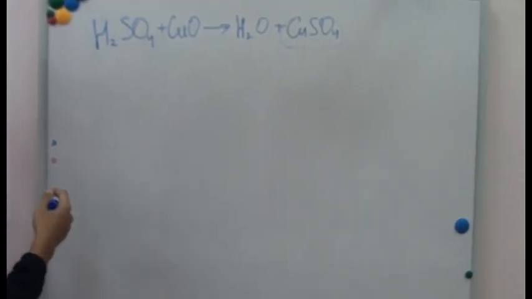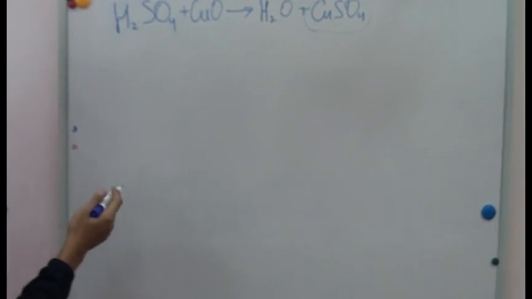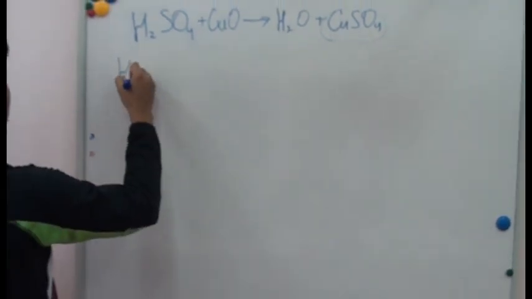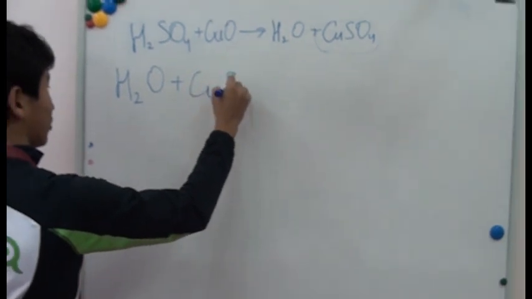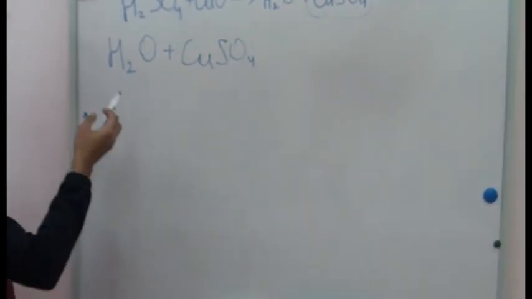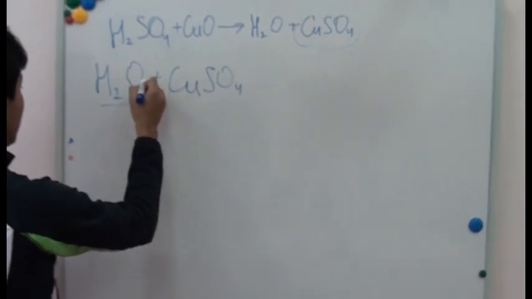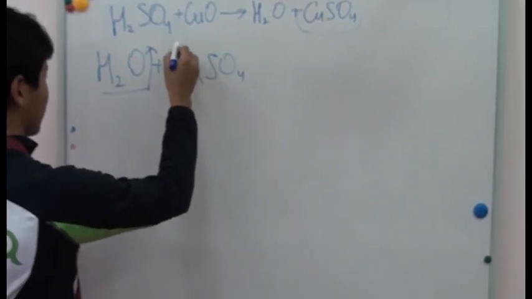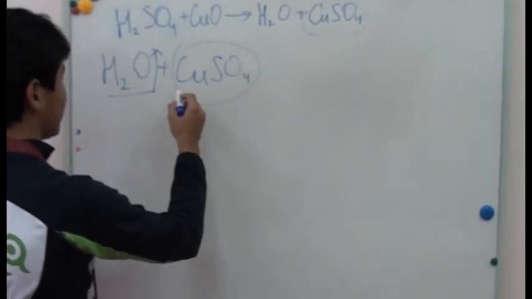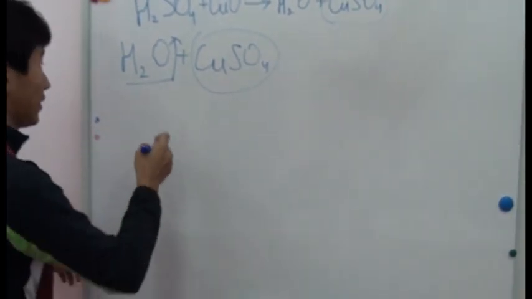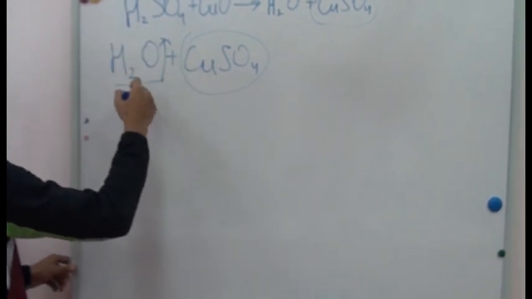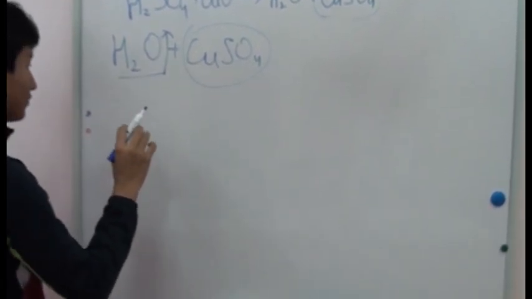So after the filtering, we got water and the mixture of water and copper sulfate. We must evaporate the water to make the crystals of copper sulfate, blue crystals of copper sulfate, but not all the water. We must leave quite an amount.